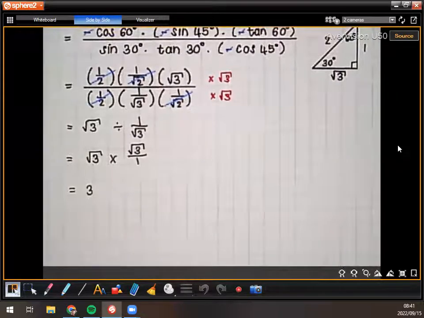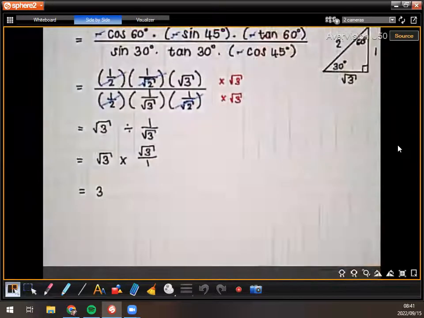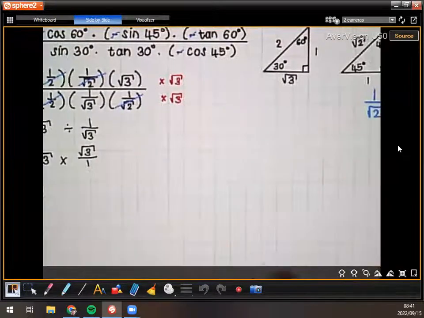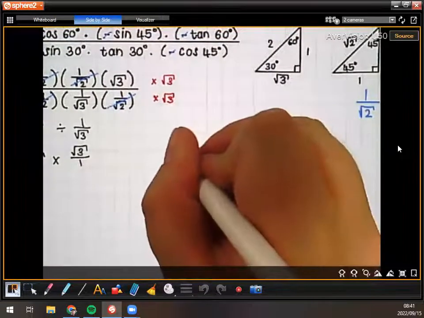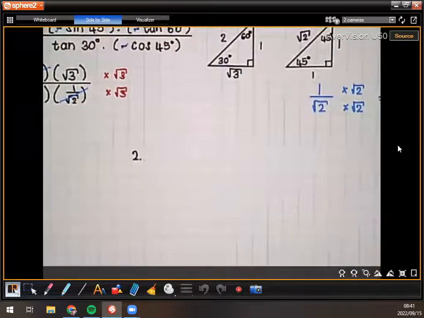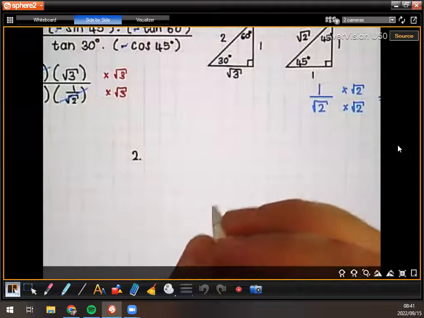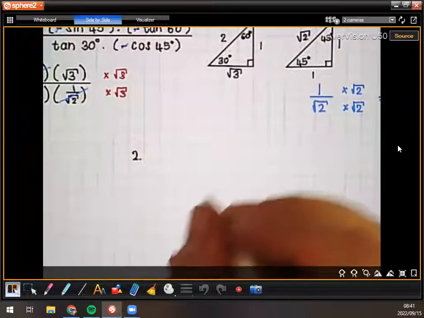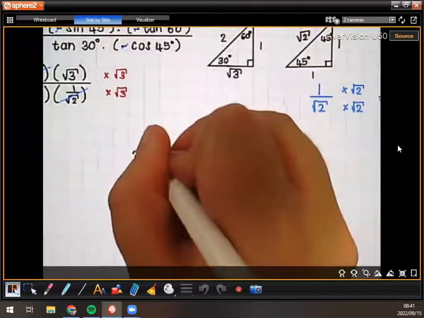heavily. So number 2. Just going to do it like in this gap. See if I can fit it in, otherwise I might have to move it in. Do this one.